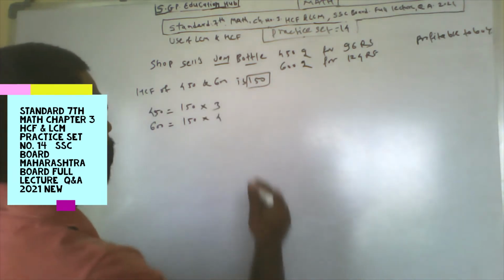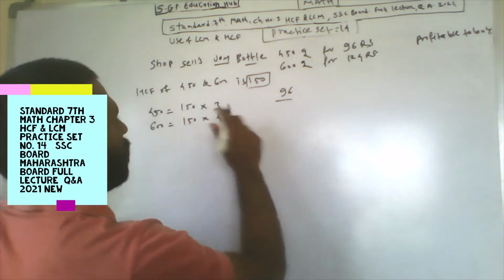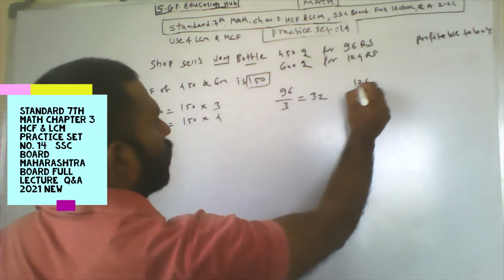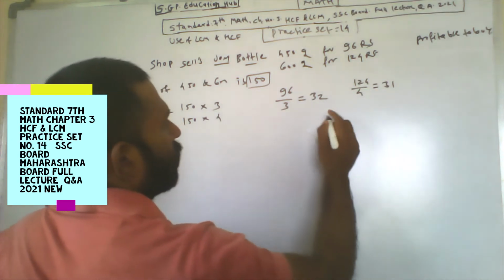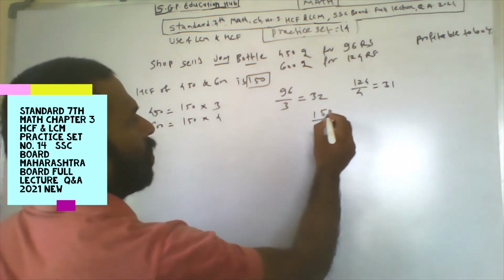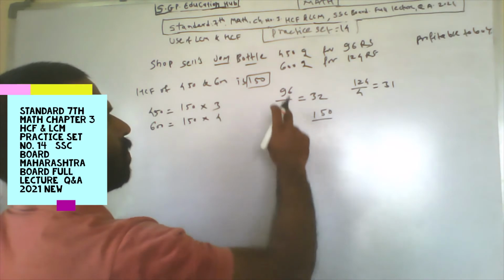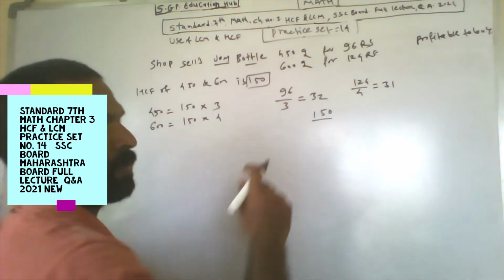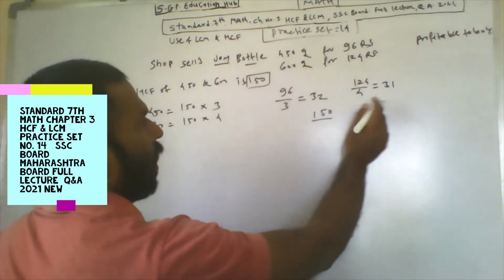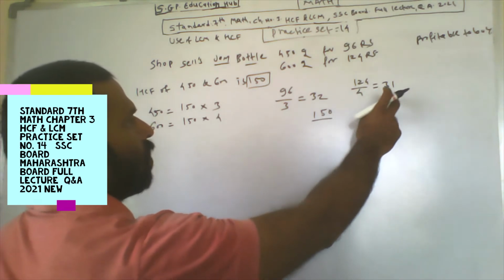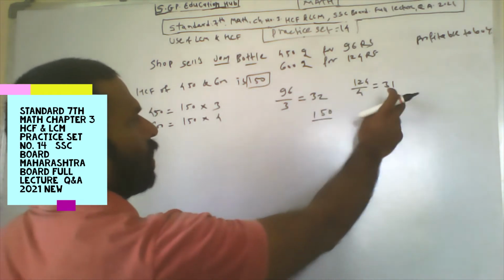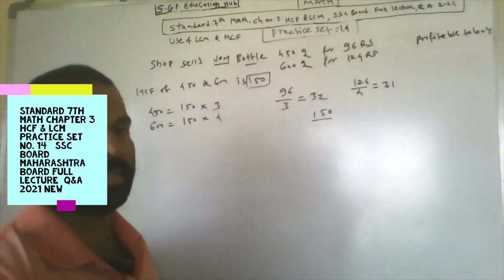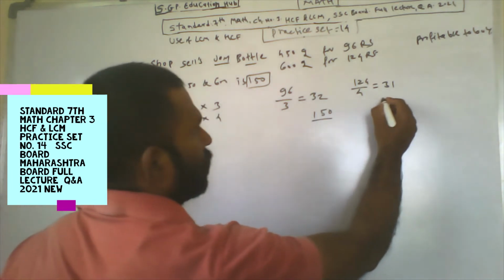Now, 96 upon 3 is equal to 32 and 124 upon 4 is equal to 31. Means 150 gram in the 96 rupees bottle costs 32 rupees, and 600 gram costs 31 rupees per 150 gram. So 1 rupee benefit for 150 gram, then for 600 gram there is 4 rupees benefit.